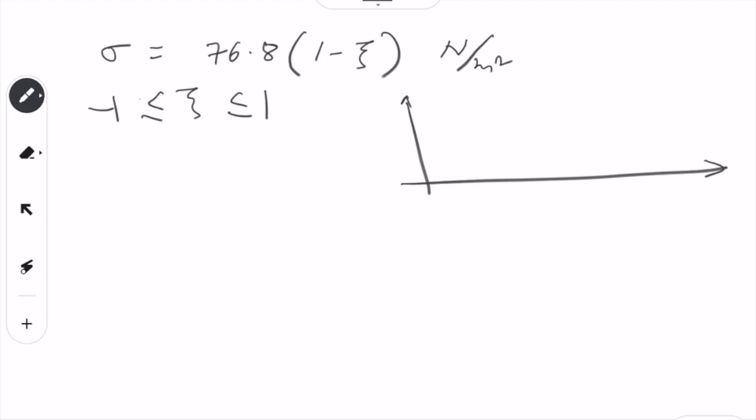So if you plot sigma for the first element, at xi equal to 1 we have 1 minus 1, which will equal 0, so it will go to 0. This is linear, so the value goes like this.